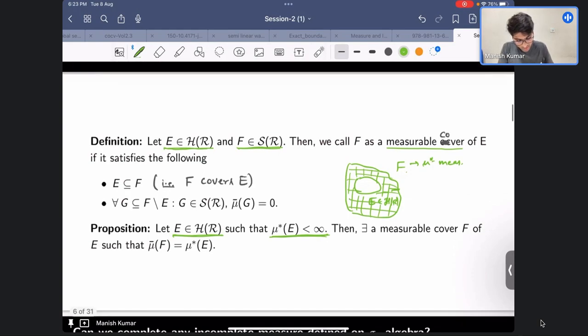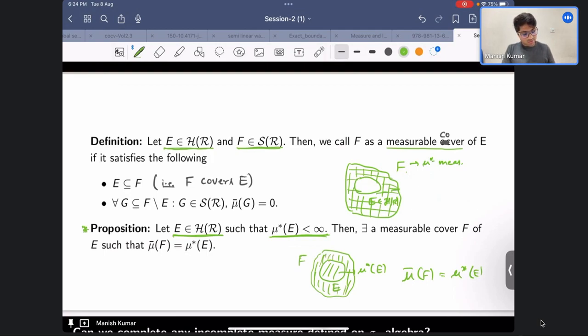So let us see this proposition. It says that if you have any subset E in HR whose outer measure is finite, then there exists a measurable cover, that is, there exists a cover F such that mu bar of F is equal to mu star of E. In this case the outer measure of the difference will be 0.